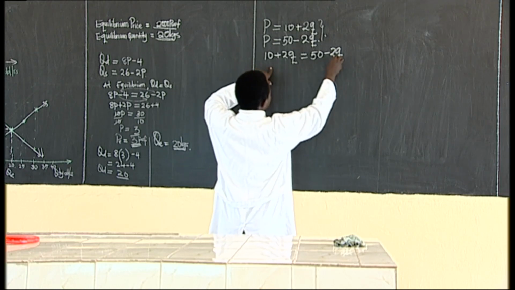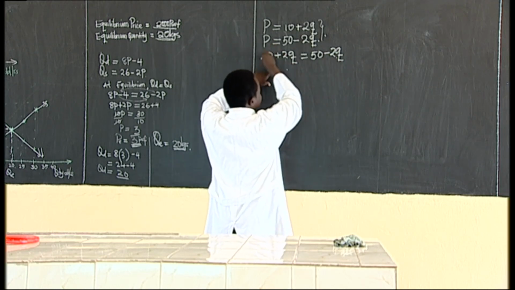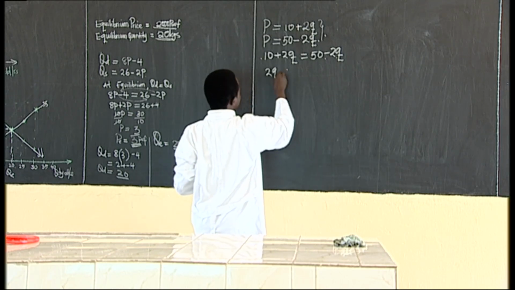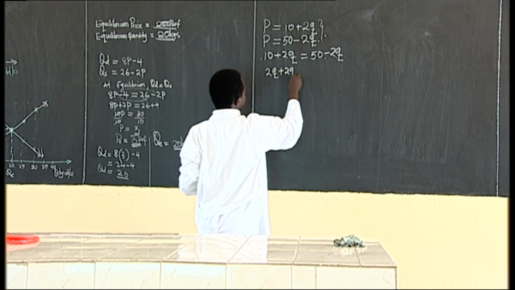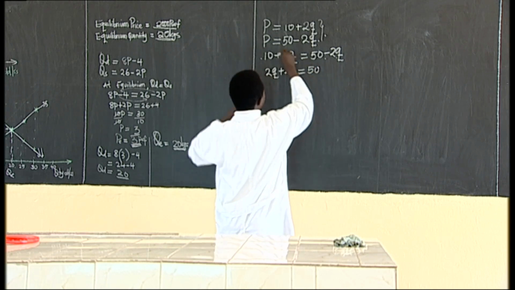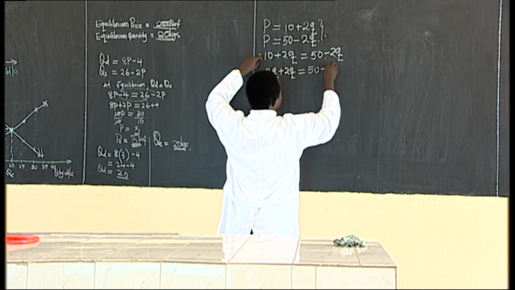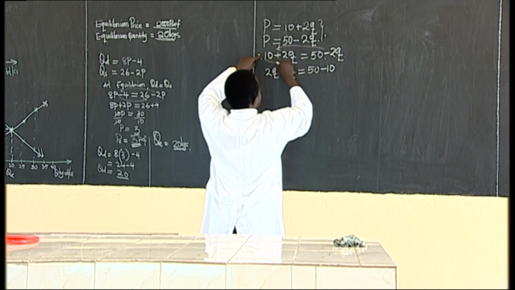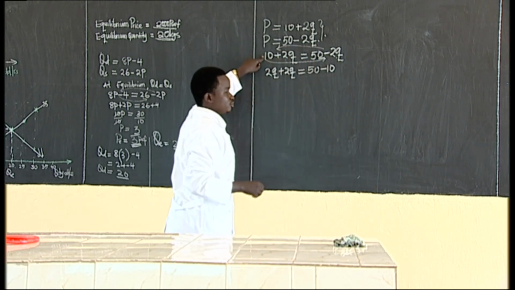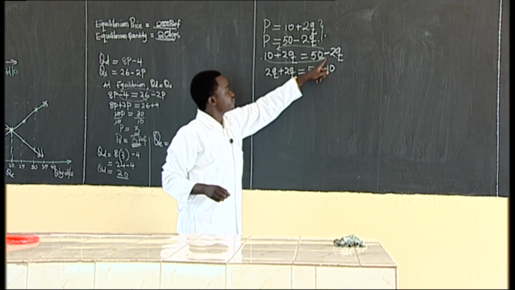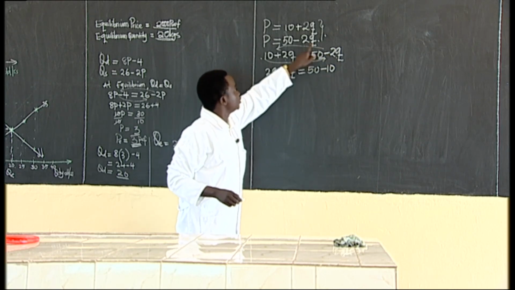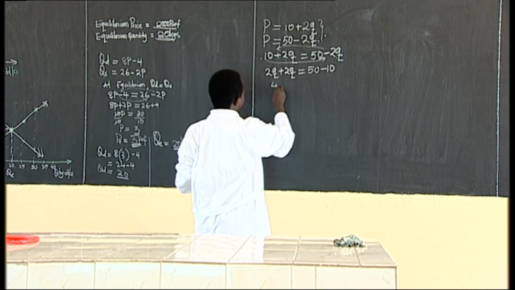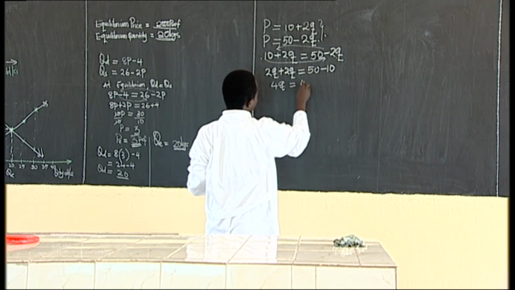If you bring negative 2Q this side and take 10 the other side, then we shall have 2Q plus 2Q is equal to 50 minus 10. When a term crosses the equals sign, its sign changes. When you add, you get 4Q, which is equal to 40.